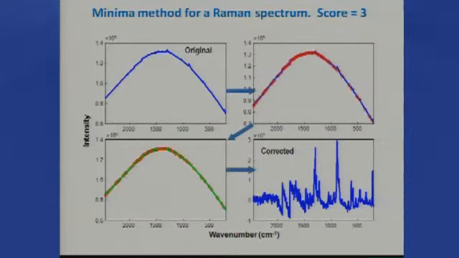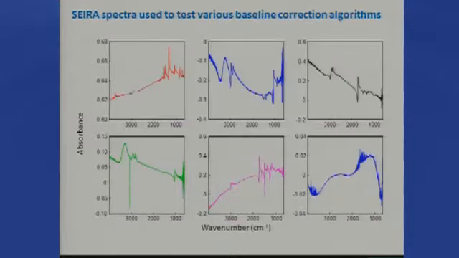There's another method called the Minima method, and this was the most difficult one to baseline correct. The Raman spectrum could only just be seen above the fluorescence. It was noisy, and so you can get little spikes on the spectrum, distortions to the spectrum, and so this is not much better than the original.